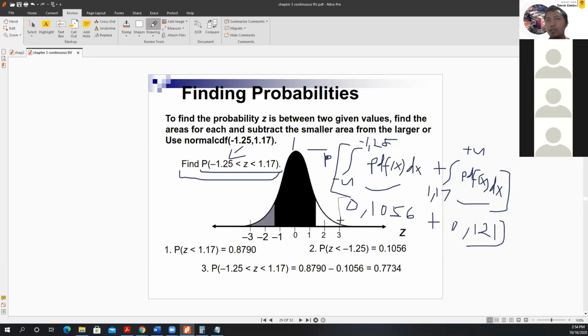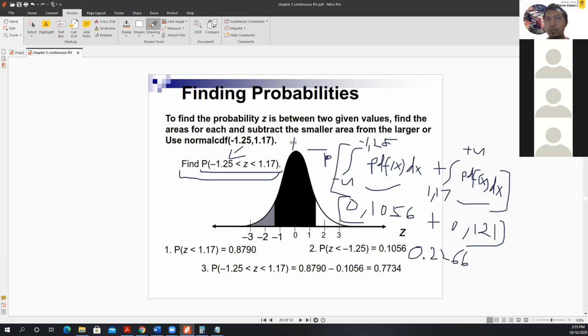The total is equal to 0.1060 plus 0.7, which is equal to 0.226.